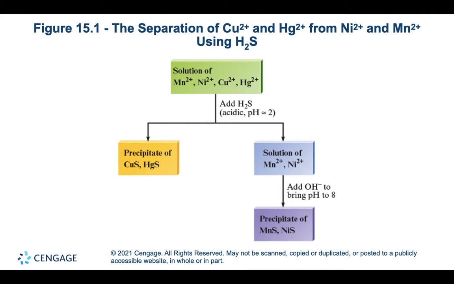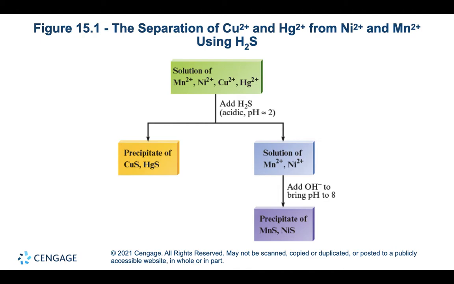Now, if you drain that solution off that has the manganese and the nickel in it, and then you add some base to that, the base is going to convert more of your H2S and your HS minus to S 2 minus. Because the base reacts with H+ on the right side of the equilibrium for H2S, it's going to pull the equilibrium to the right, generating more of that S 2 minus ion.